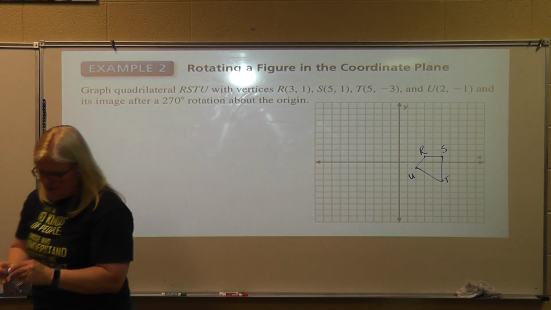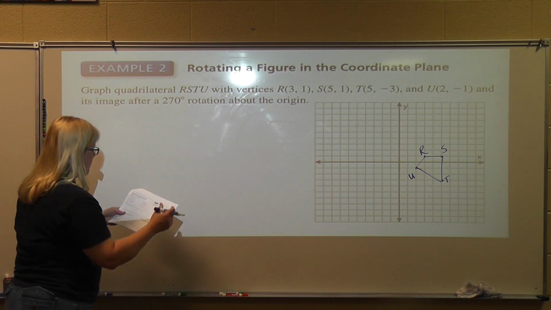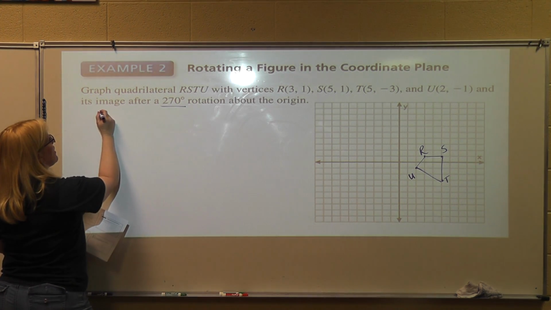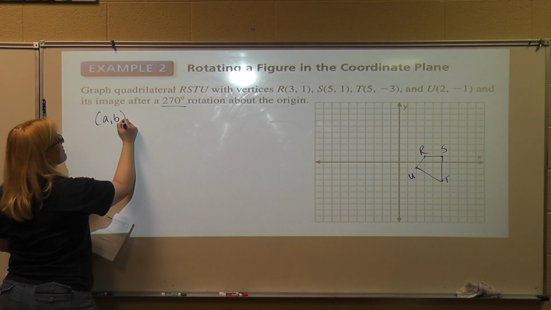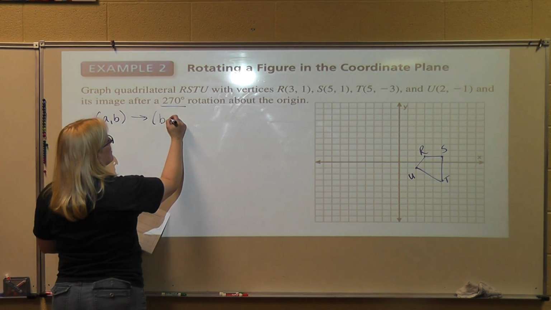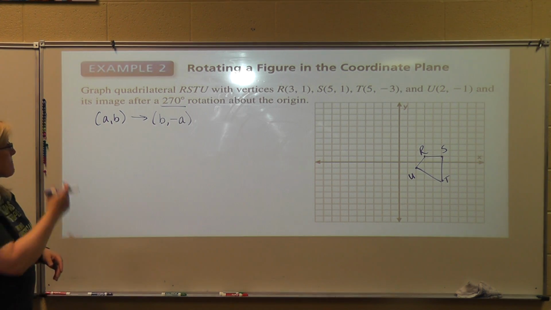Now hopefully you remember from looking at the other one that if we're rotating in a 270 degree rotation, (A, B) is going to go to (B, negative A). I don't even have it memorized, there's so many of them.